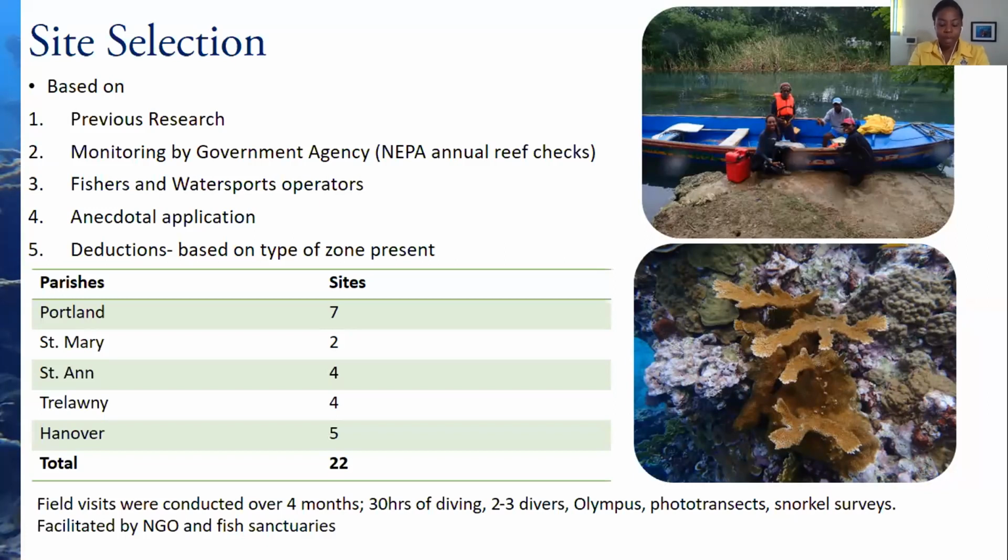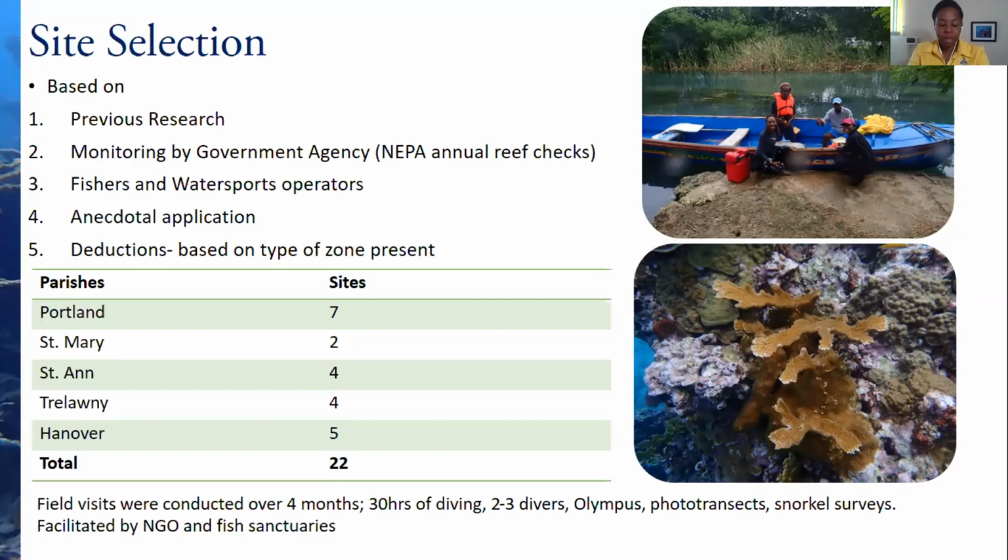Now, a total of 22 sites were visited, with Portland, the same parish that Dexter, my colleague, had presented about, having the greatest number of sites. A total of 30 hours was spent in the water, as field visits were conducted over a 4-month period.